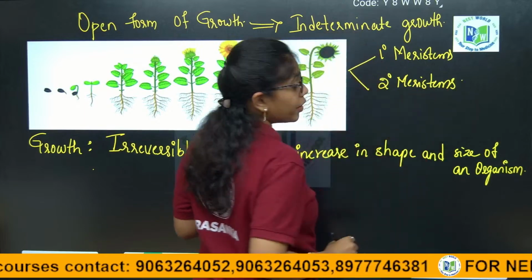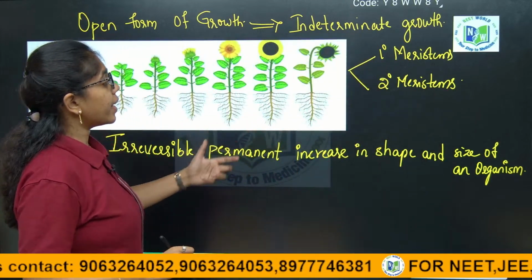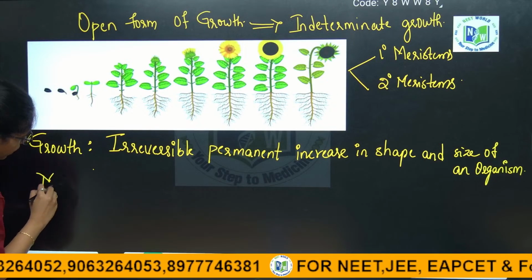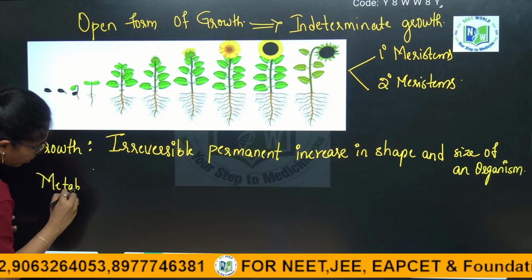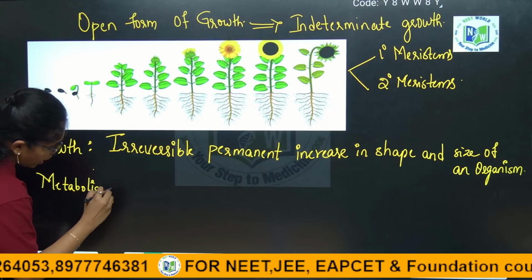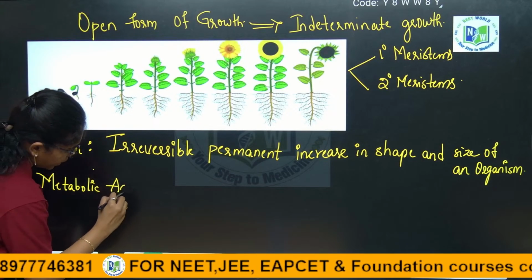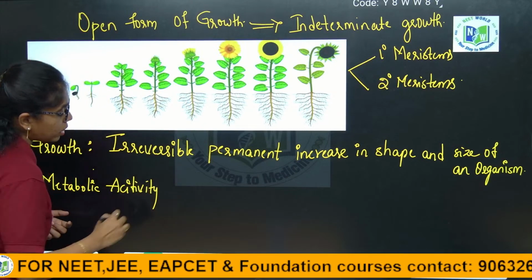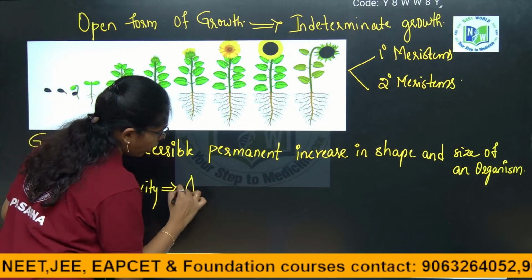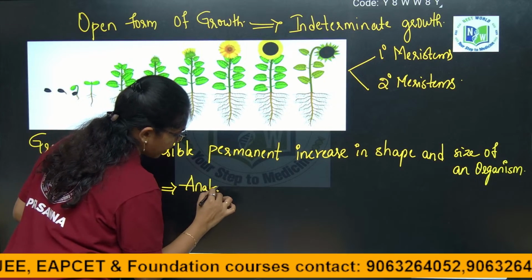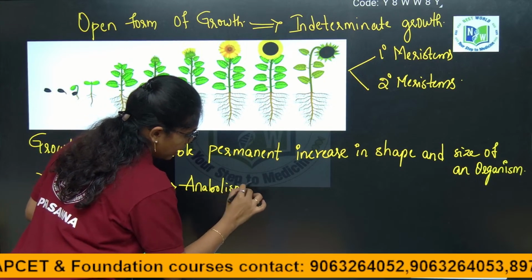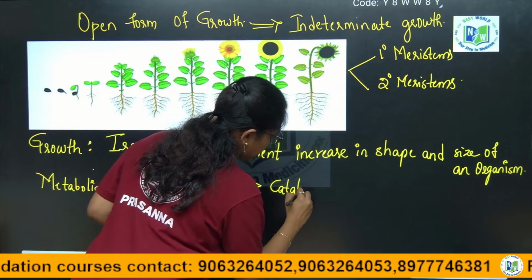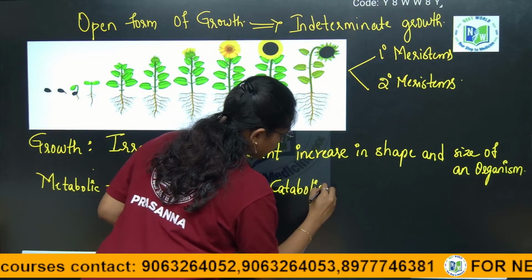During growth in a plant, if you see the metabolic activity, if you consider anabolic reactions, anabolism is greater than catabolism. Clear?